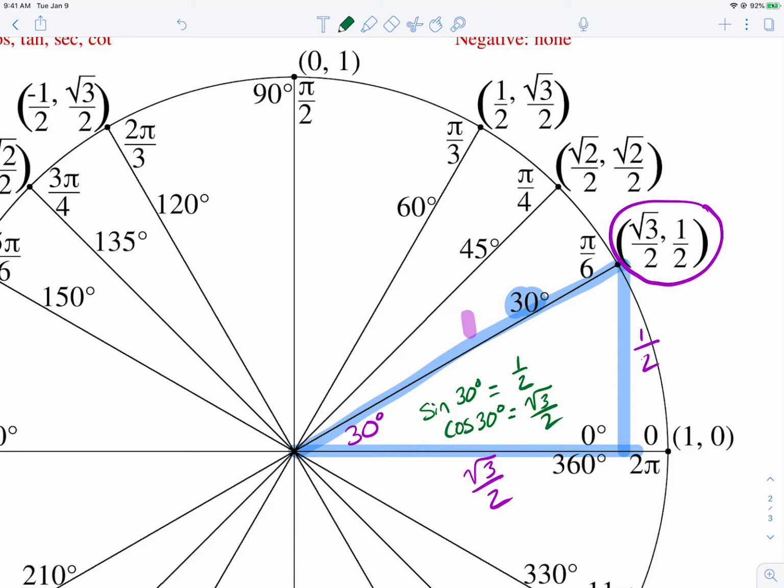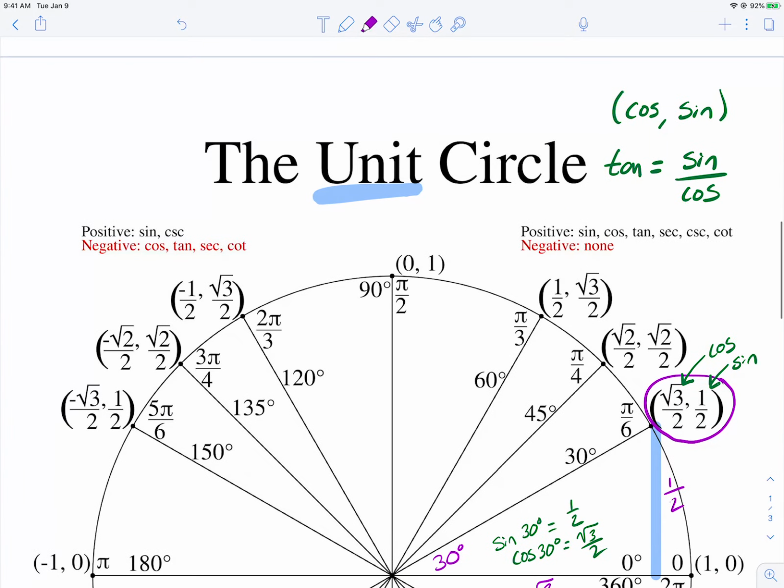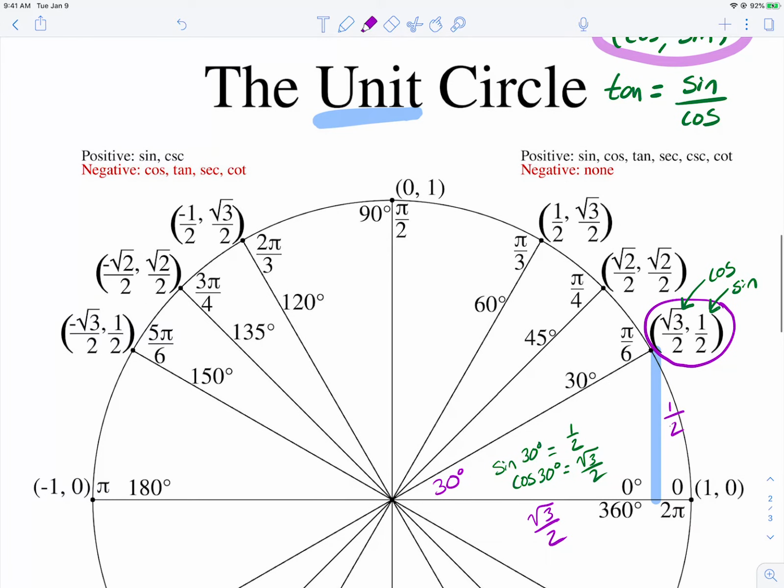Which coincidentally, this coordinate, this is actually the cosine, and this is the sine if we were to do 30 degrees. So one of the things about a unit circle is that the coordinates are actually giving you a sine and a cosine answer. So while those coordinates are saying how to get to the end of that 1 unit line, it's also giving you sine and cosine answers.